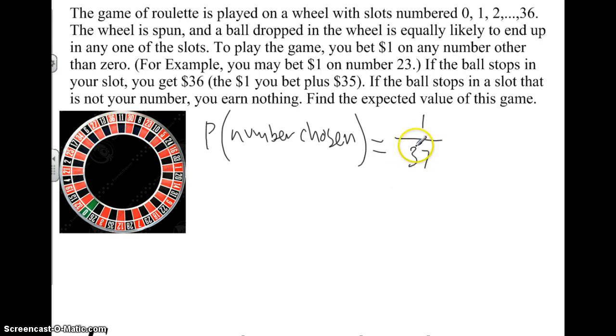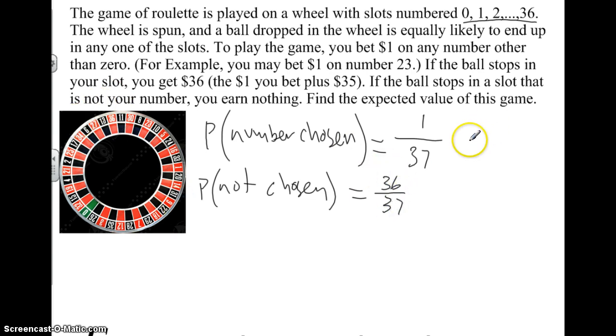The reason it's 37 is because there are 37 different spots that the ball could land on our wheel. Okay? And the probability of getting a not chosen number is going to be our complement to that. Or we could just know that there are 37 spots, so that's 36 out of 37.